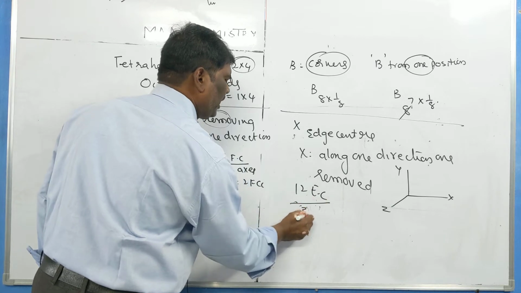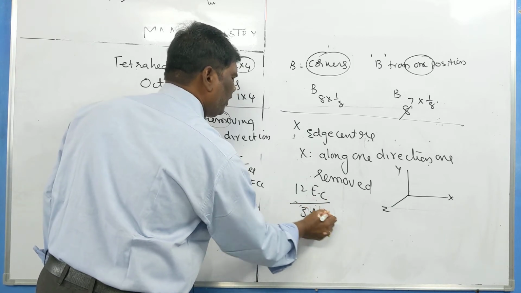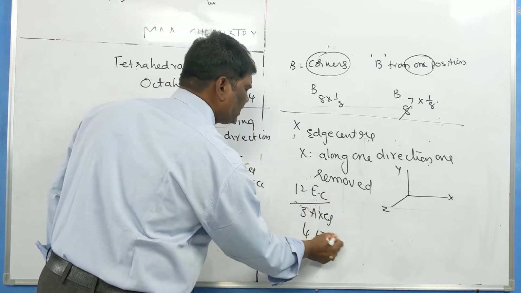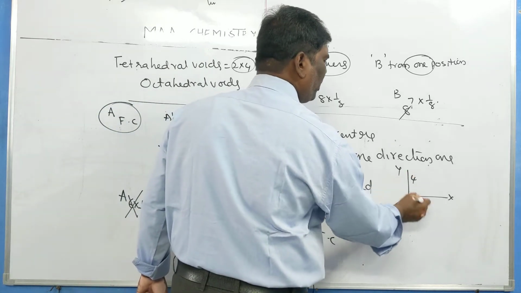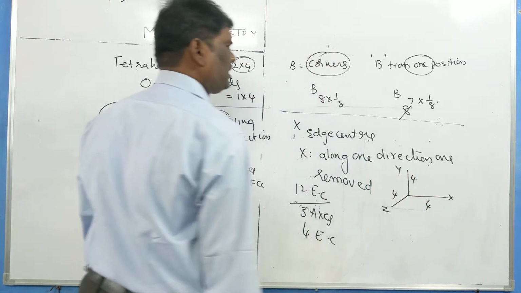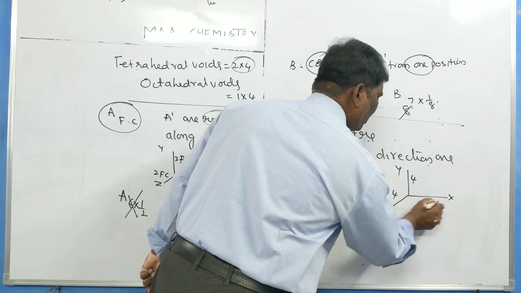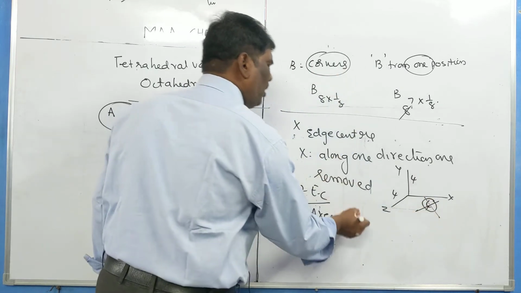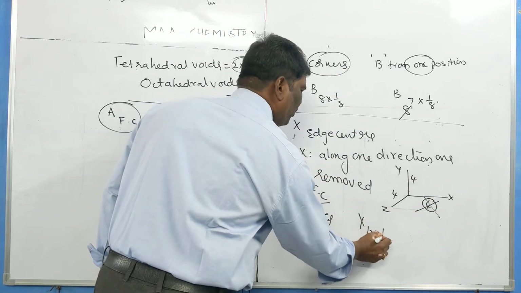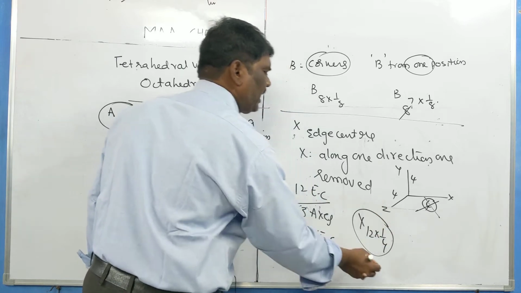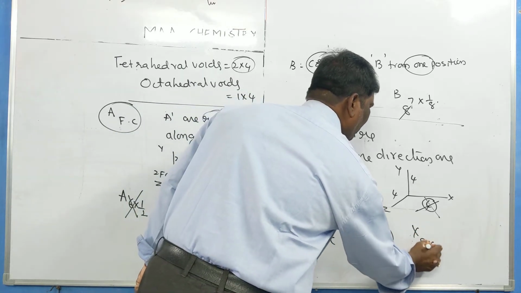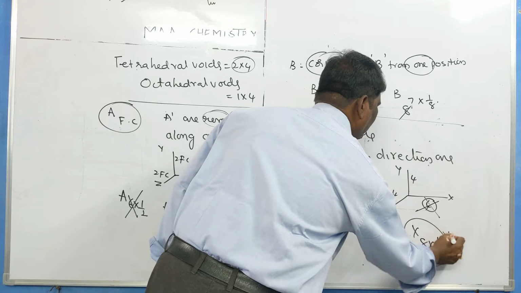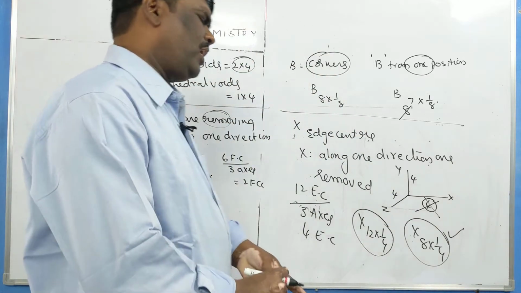So 12 by 3 axes, each axis has 4 edge centers. So we have to write 4 edge centers, 4 edge centers, 4 edge centers, and one direction is removed. Then actually we would write 12 into 1 by 4, but because of the missing ones, we write 8 into 1 by 4 only. This is a trick we have to follow.